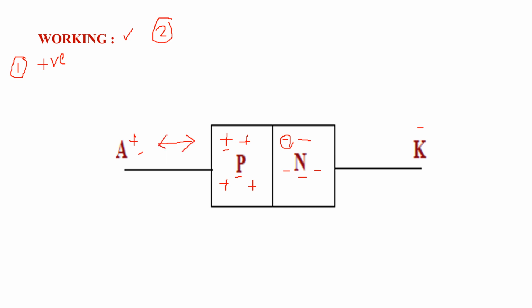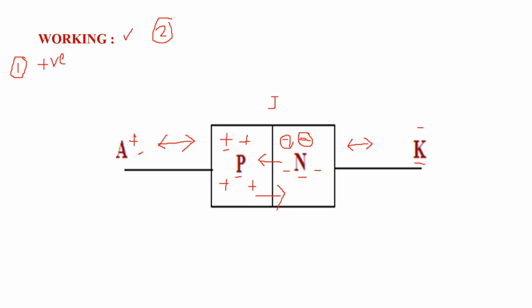Due to the repulsive force, these holes try to cross the junction. This is the junction. Similarly, the cathode is negative and the N layer has negative charge carriers as the majority charge carriers. Here also there is a repulsive force between the same charge carriers, and these electrons try to cross the junction.